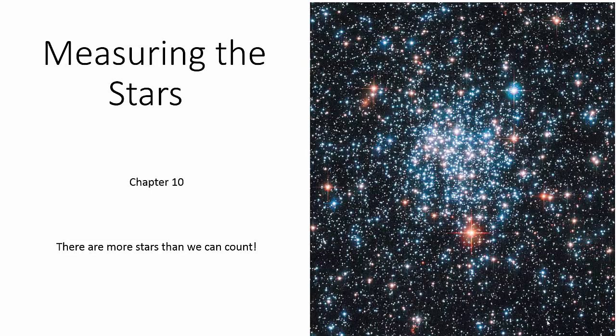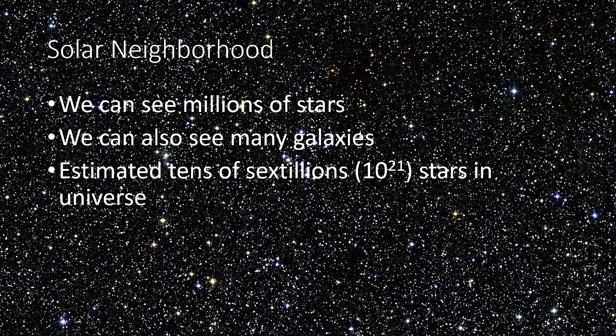There are more stars than we can count. Now, we think we have an estimate, which we'll talk about after, but that's just crazy. More stars than we can count. So we can see millions of stars.